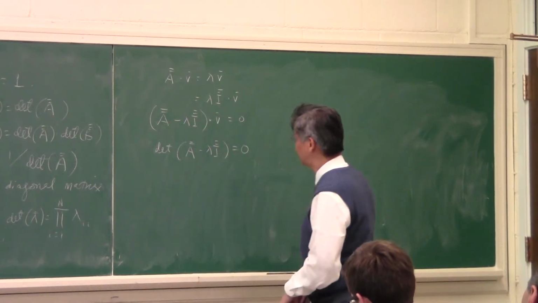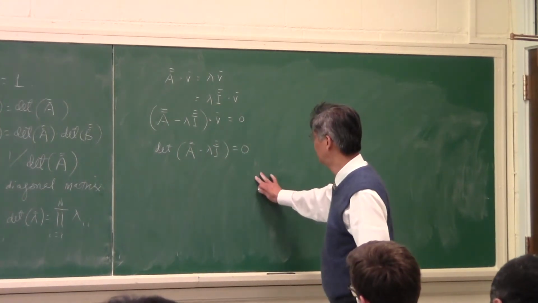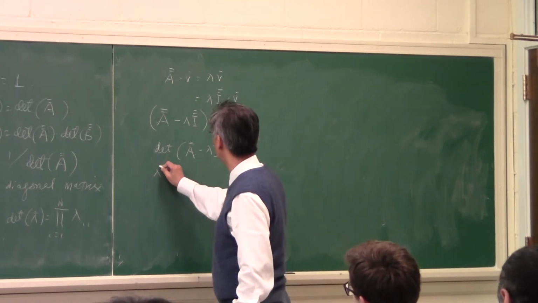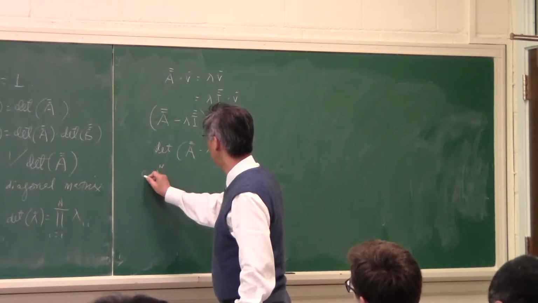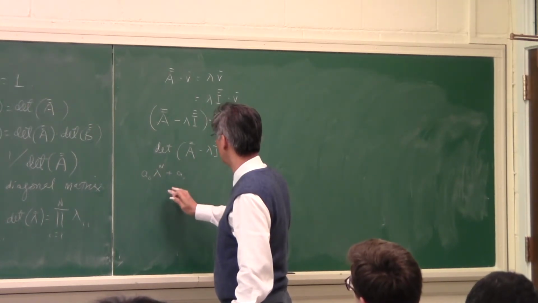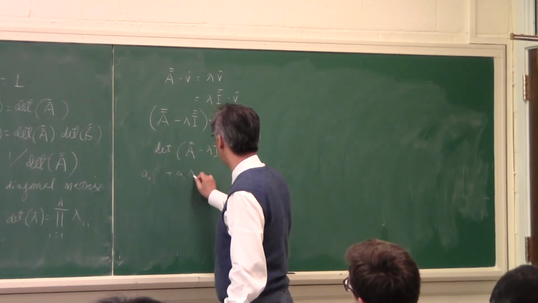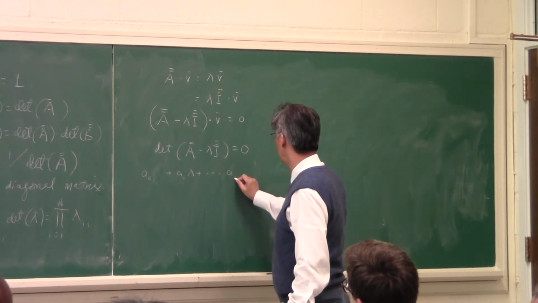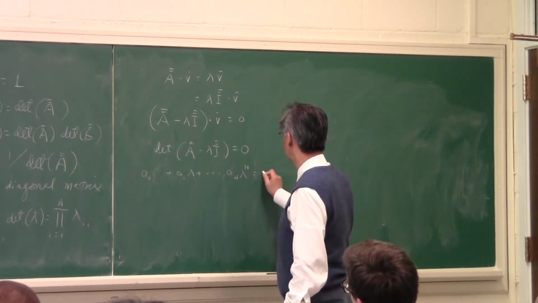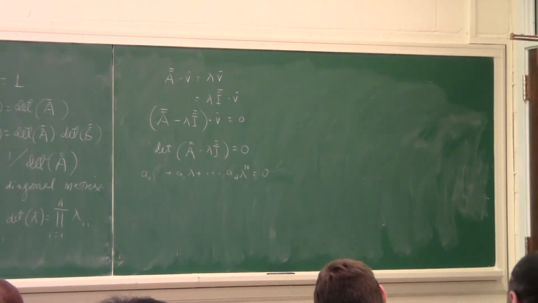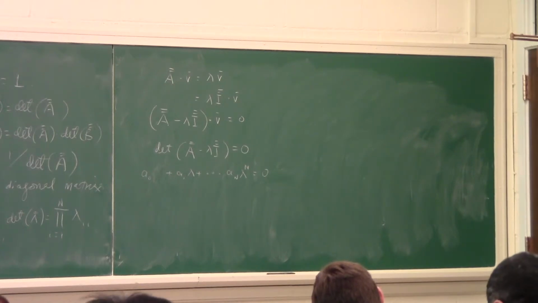What this gives you is actually a polynomial equation, A0 plus A1 lambda plus ... an lambda n is equal to 0. This equation finally can be reduced to that form, an n order polynomial in lambda, lambda being a scalar number.